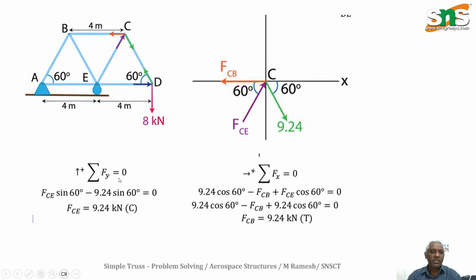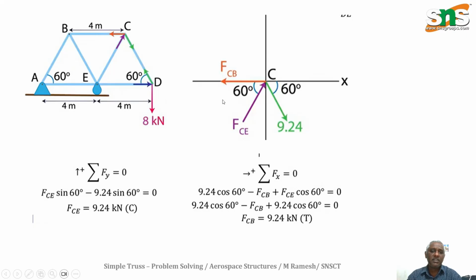Use the sum of all vertical forces equal to 0, with upward forces positive. Here FCB will not come in; only the two inclined forces come into the picture, with vertical components of sine theta, because the angles are associated directly with the horizontal axis.